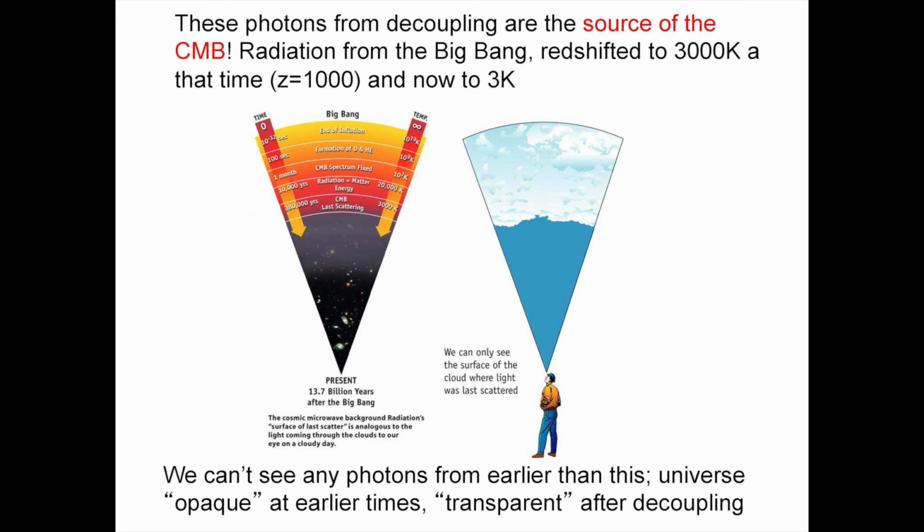So it's like looking, on the right, at clouds, and we're not able to see the stars through the clouds because the light is trapped. And so earlier than decoupling, the universe is said to be opaque, and afterwards it's said to be transparent.